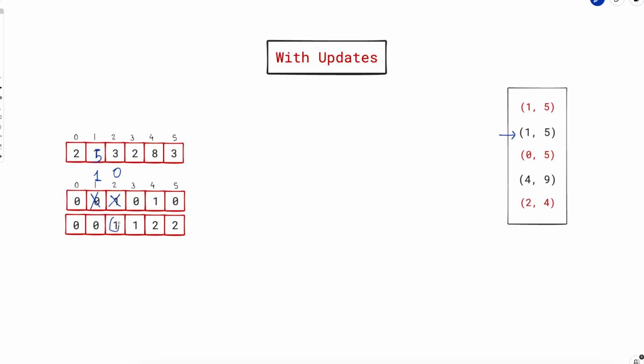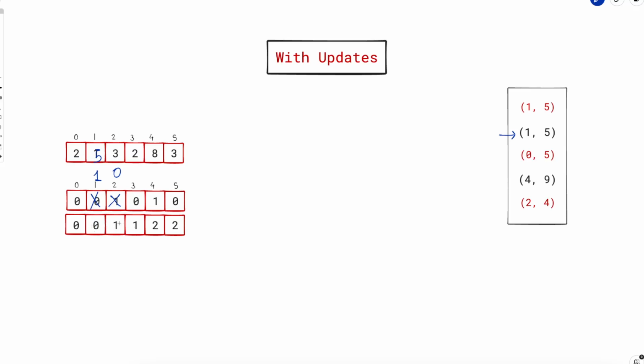Similarly, if you change this element, all of this prefix sum needs to be updated. So you are changing this element and this element, and as a result, in the worst case, all of these will be affected. In the current scenario, it's easier because the net effect of this change is actually 0, so you can simply make it 1 and simply make it 0, and the rest can stay the same.